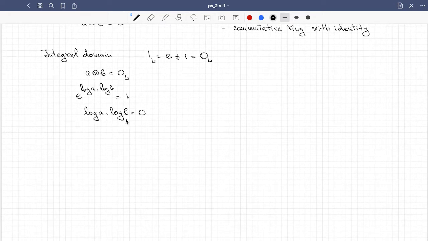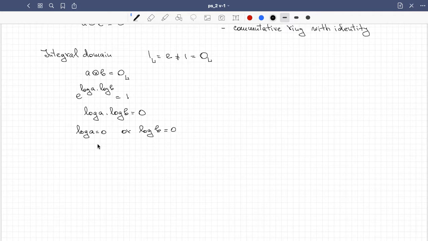Now the product of two numbers being 0 implies one of these numbers is 0. So log a and log b are nothing but two real numbers. So I have log a is 0 or log b is 0.